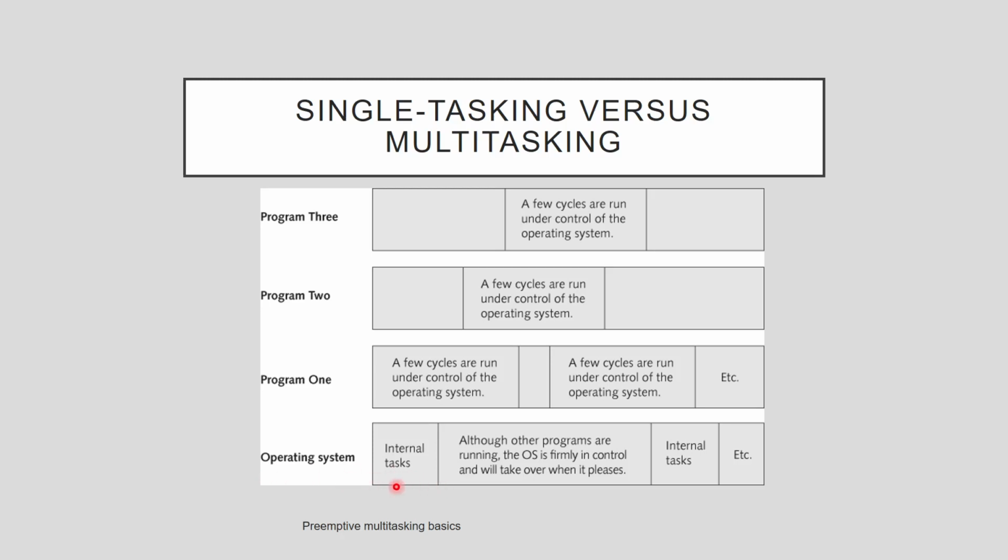The operating system is in control of the computer at all times. And we have three programs here, and we are not aware that the three programs are switching from time to time, and it's rapid.